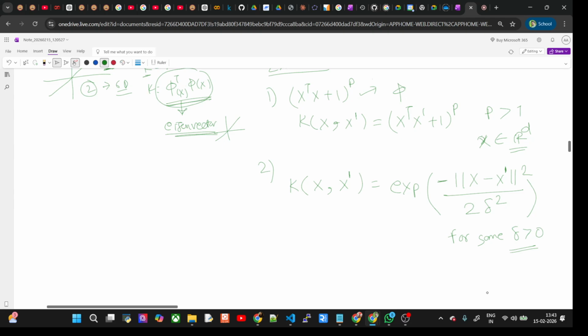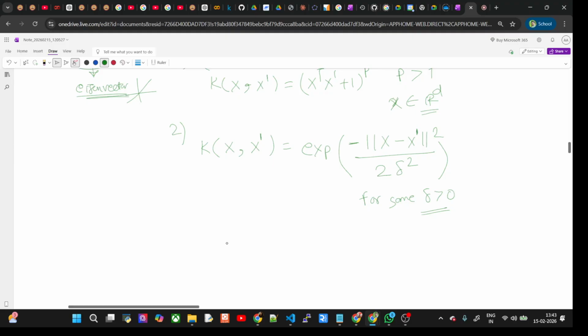So you know what this function is. Have you seen it in math or in statistics, the Gaussian distribution or different distributions? This is the Gaussian map, or it is actually the PDF.